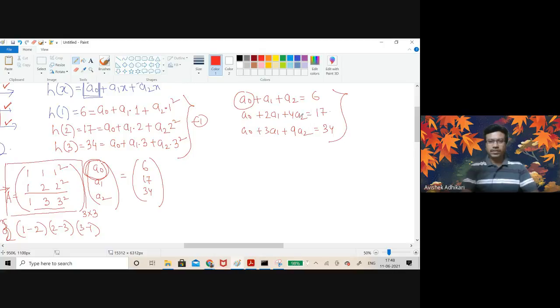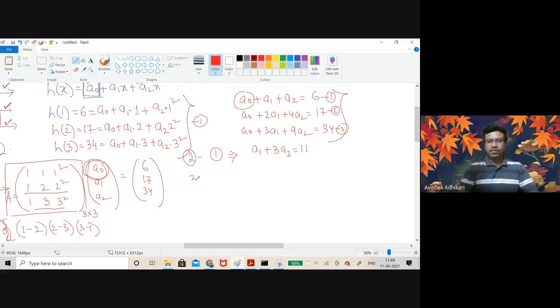For example, equation 2 minus equation 1 will give you a1 plus 3 a2 equal to 11.